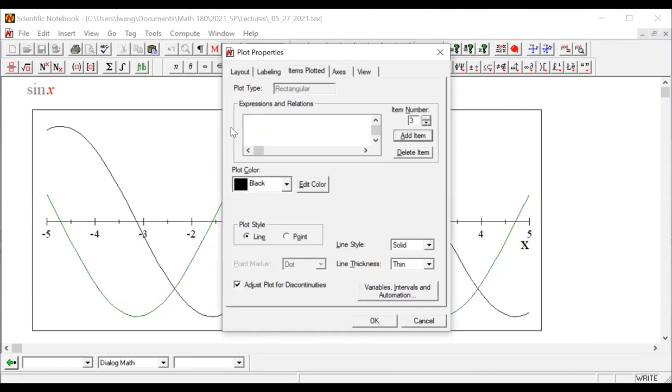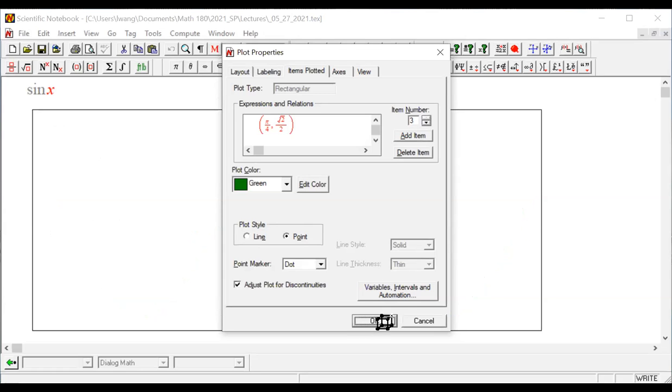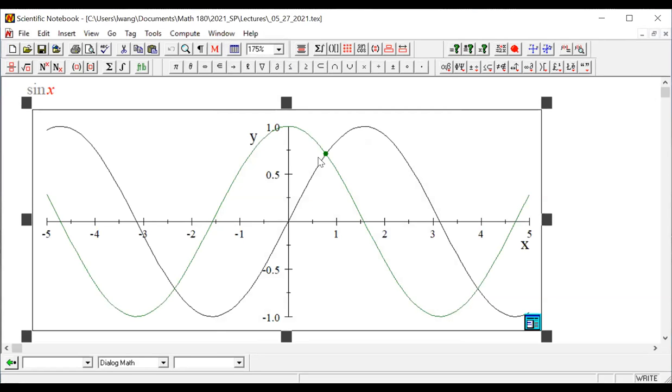Okay. Pi over 4, right there, comma, and I make it a green dot. Okay, so that's the place.